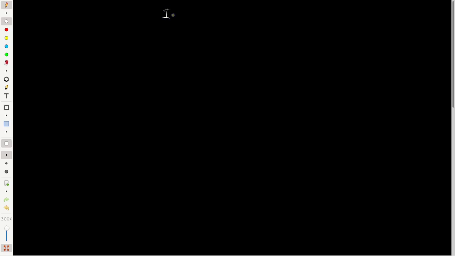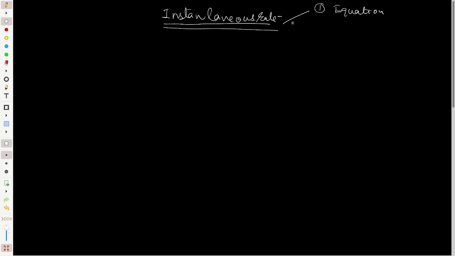We know instantaneous rate. I told you in the last lecture that for the instantaneous rate, we should know either the equation or the slope of the tangent, like this.